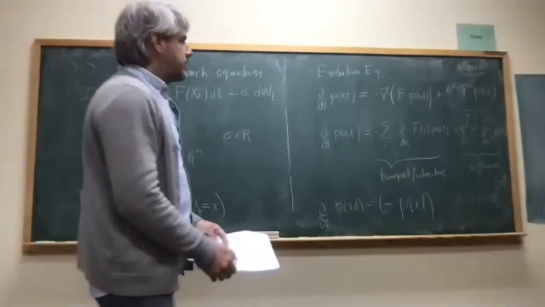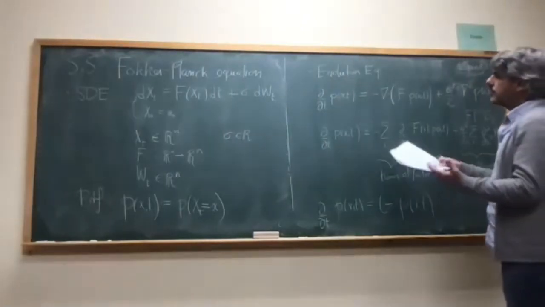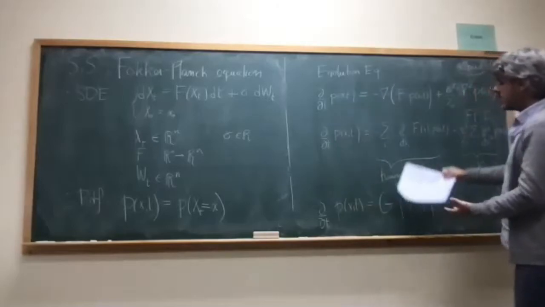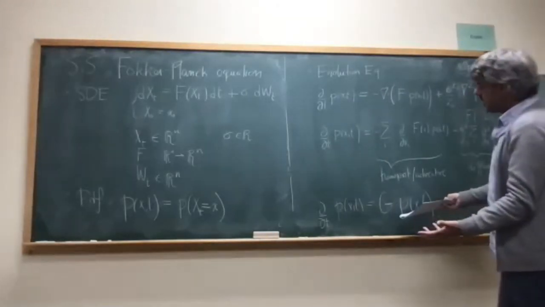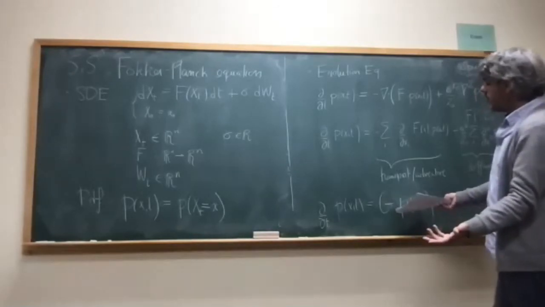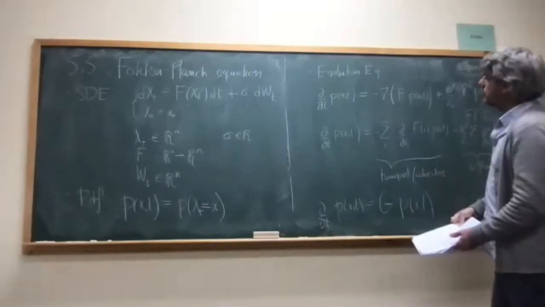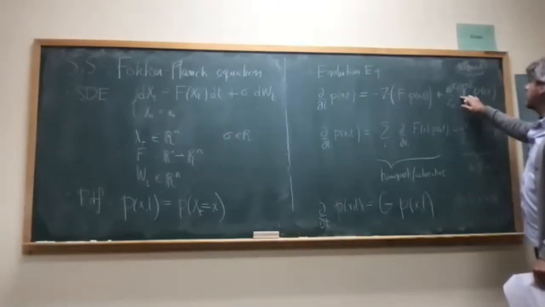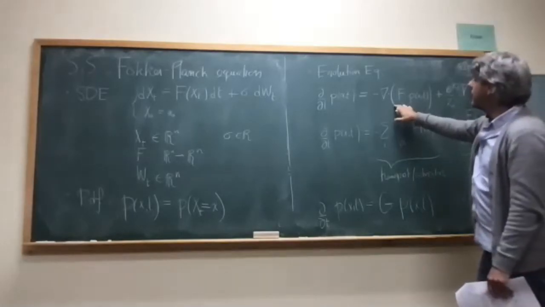You have the same in quantum mechanics. If I want to stress now the analogy with quantum mechanics, you have an equation for phi. So the partial derivative in time of phi is some operator applied to phi. That operator in quantum mechanics is the Hamiltonian. For us now, it's not the Hamiltonian. It's that operator G that we call the generator. And the generator is this massive differential operator, which resembles in a way the Schrödinger operator because we have that Laplacian, but there's something else here, which is a first derivative.